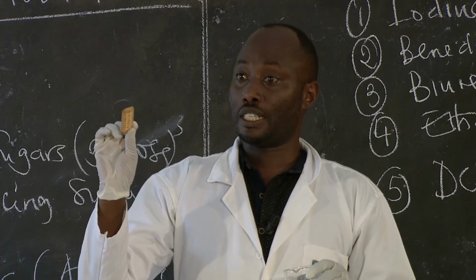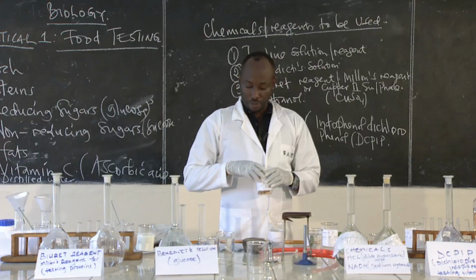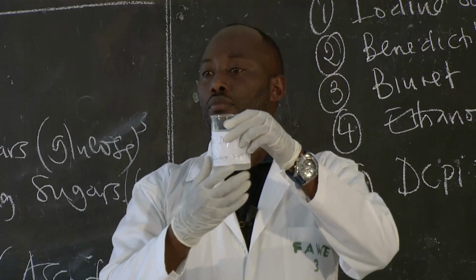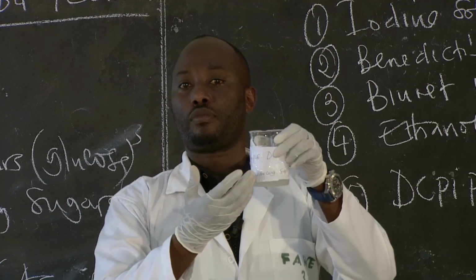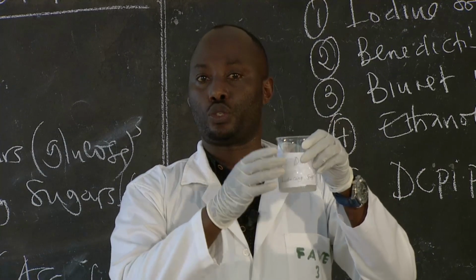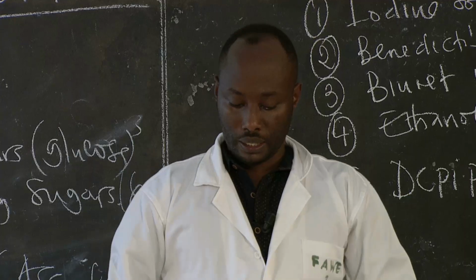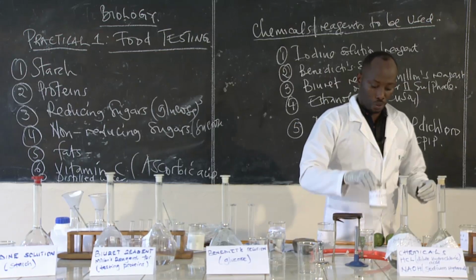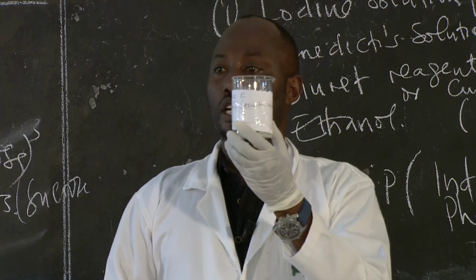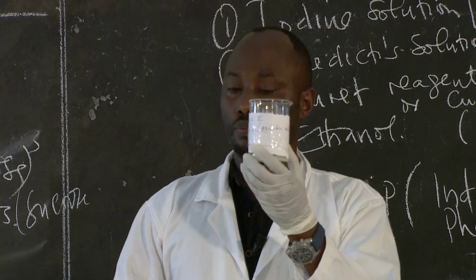Examples of reducing sugars are monosaccharides. I have sample D, which is made up of non-reducing sugar, which is sucrose. Another sample is made up of ascorbic acid or vitamin C.